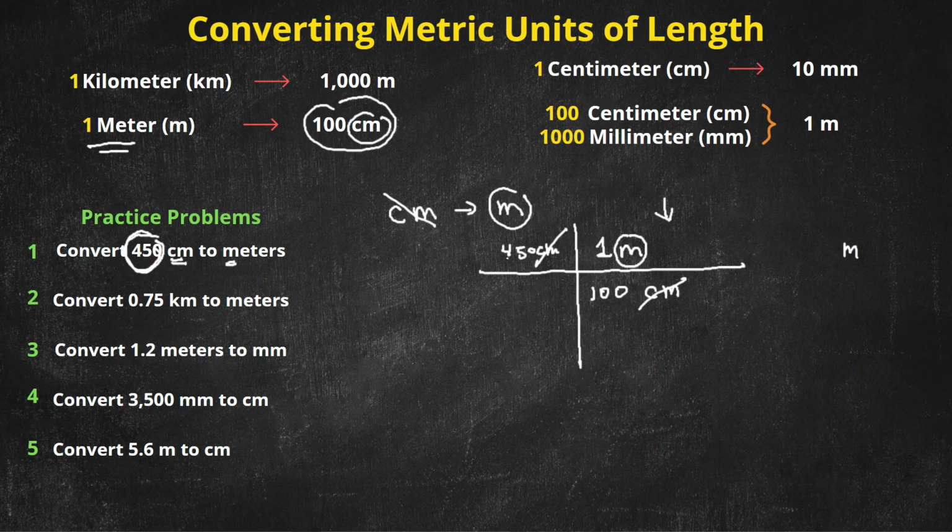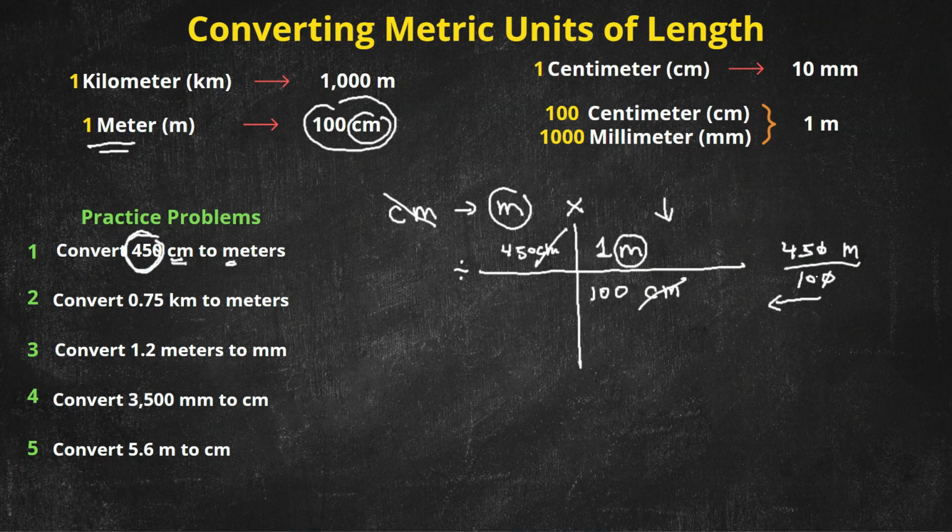Now, basically, you have to remember that the upper part here, we are multiplying. This line here is division. That's why I like using this little table format here. Now basically you will have 450 times 1, which is 450 meters over 100. Now you can basically just cancel out the zeros, and because you are dividing, you got to move towards the left.